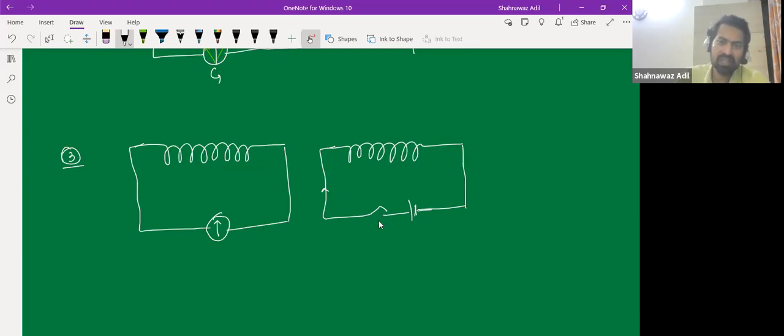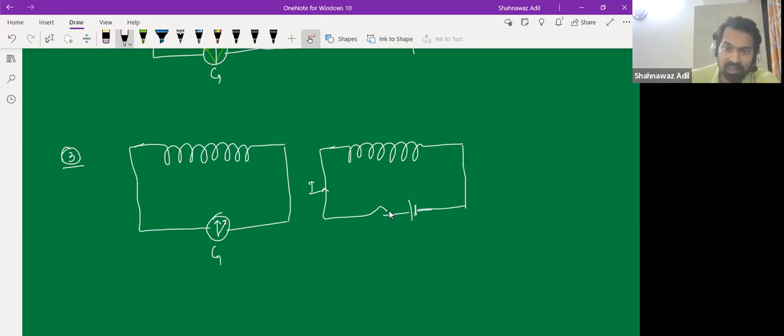So what happens is that as soon as you switch on this circuit, momentarily this galvanometer will show deflection. But after a few seconds, after a hundredth of a second, the current becomes constant in this circuit, and then this deflection would be zero again because no flux is changing.